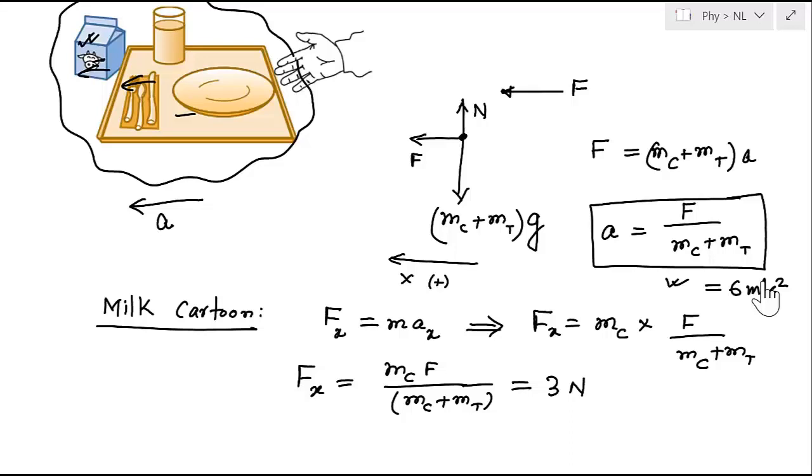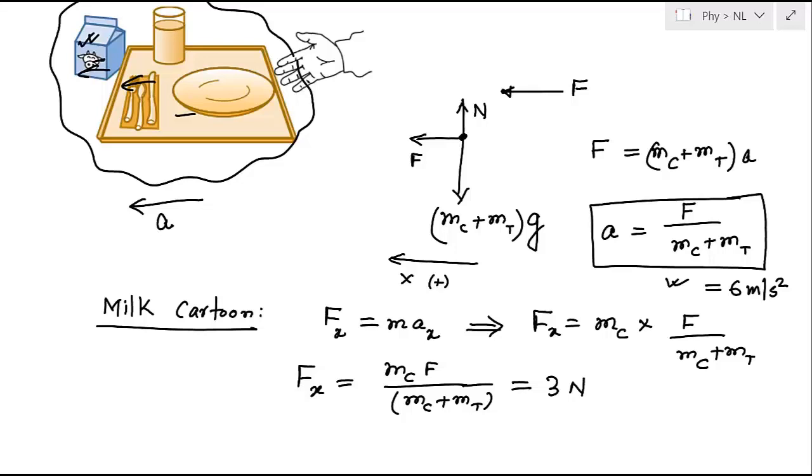And then we are applying Newton's second law separately. But in the second method, we are considering a system, and in that system, both objects are moving with the same acceleration in terms of magnitude and in terms of direction. That's why I can easily apply Newton's second law and calculate internal forces as well as the acceleration of the system.